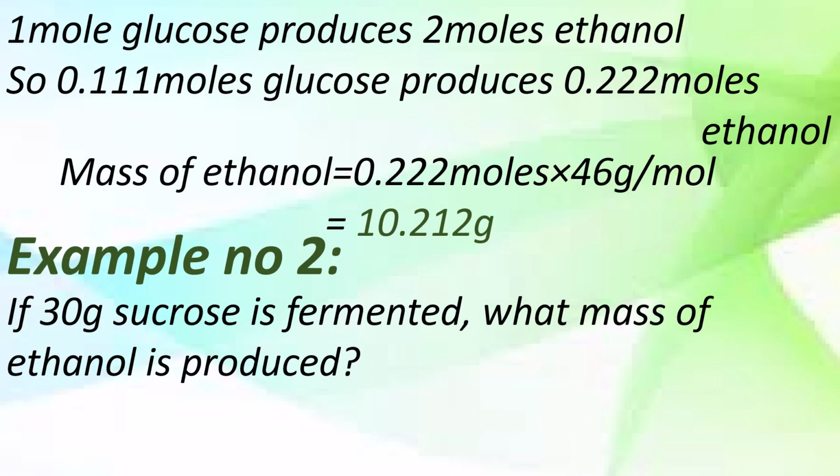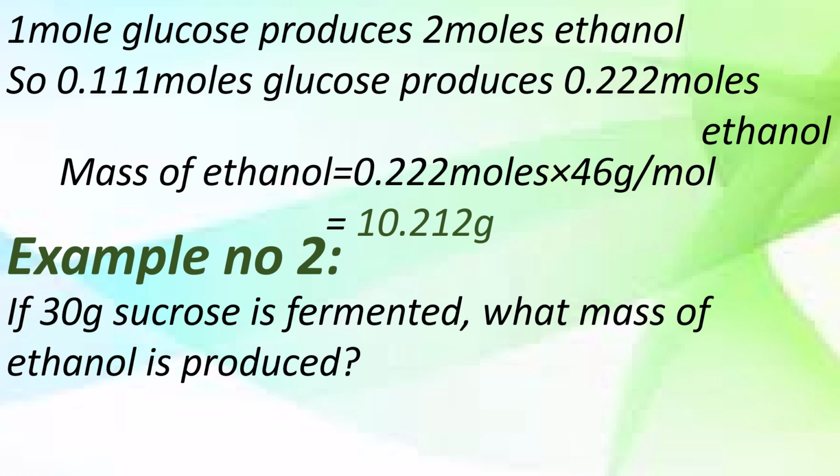Since 1 mole glucose produces 2 moles ethanol, as I have discussed earlier, 0.111 moles glucose produces 0.222 moles ethanol. Now moles of ethanol are calculated.